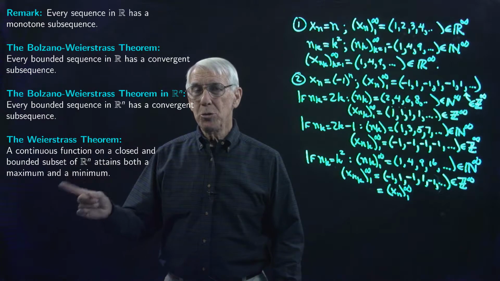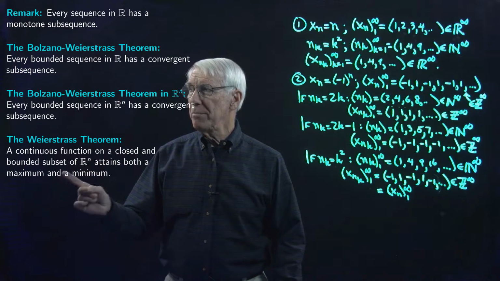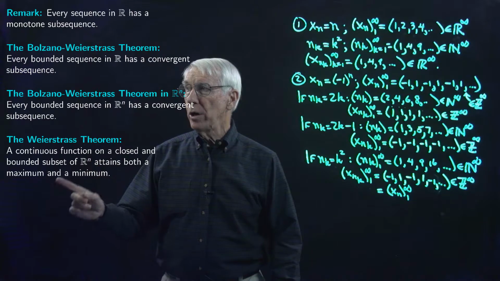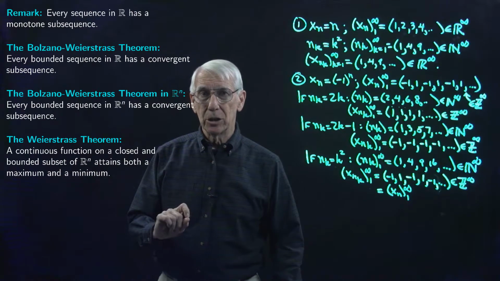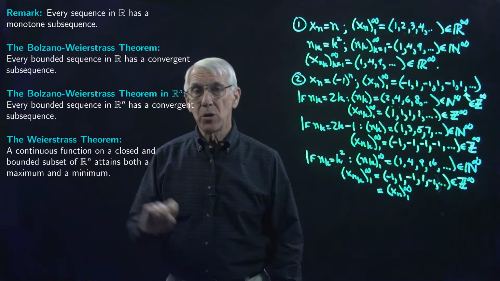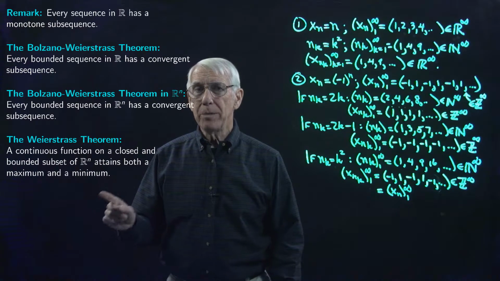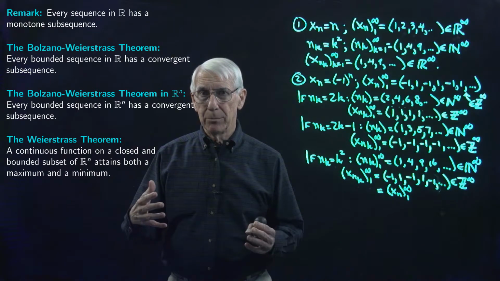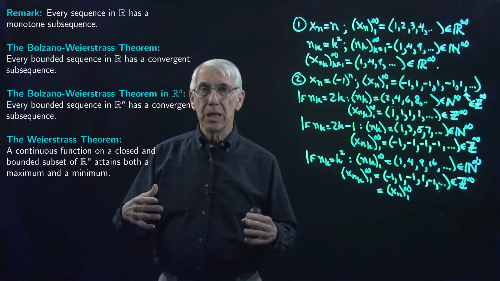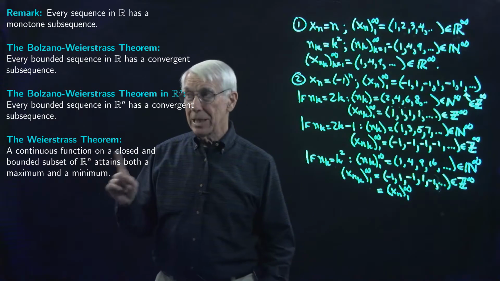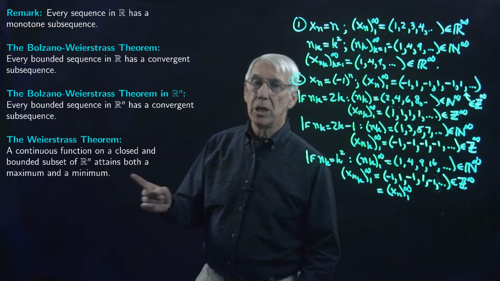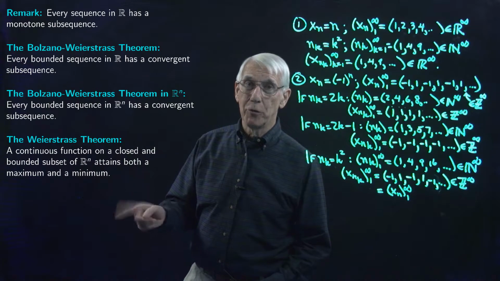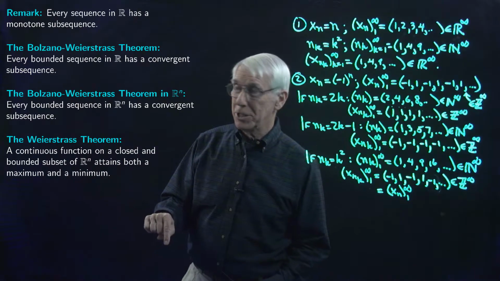So the consumer is choosing something from a closed and bounded subset of Rn, and he or she is choosing it according to a continuous utility function. There will be, according to the Weierstrass theorem, at least one bundle that maximizes the consumer's utility among the available consumption bundles in the consumer's budget set. So that's just the first instance where you will see the Weierstrass theorem used. You'll see it used over and over in your economics courses. You'll actually see it used over and over in that first micro course in the fall semester.